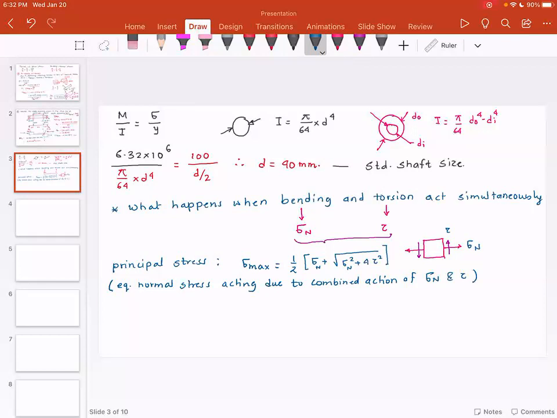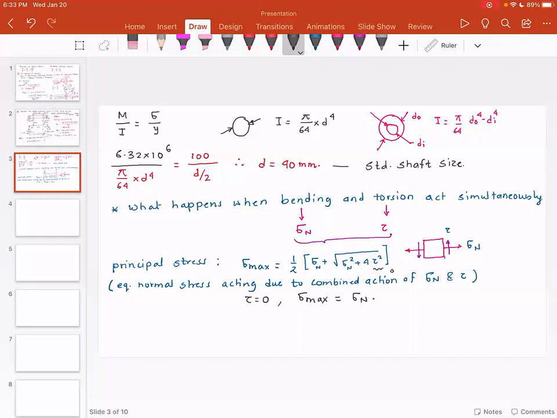Now a thought exercise: in the principal stress equation that I have shown over here, assume tau is equal to 0. And you will realize for tau equal to 0, sigma max is nothing but sigma n. So what it means is when there is no shear stress, principal stress is nothing but the normal stress.